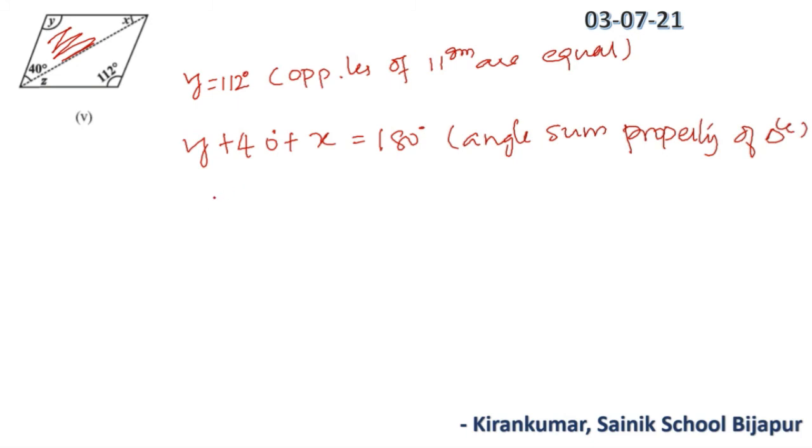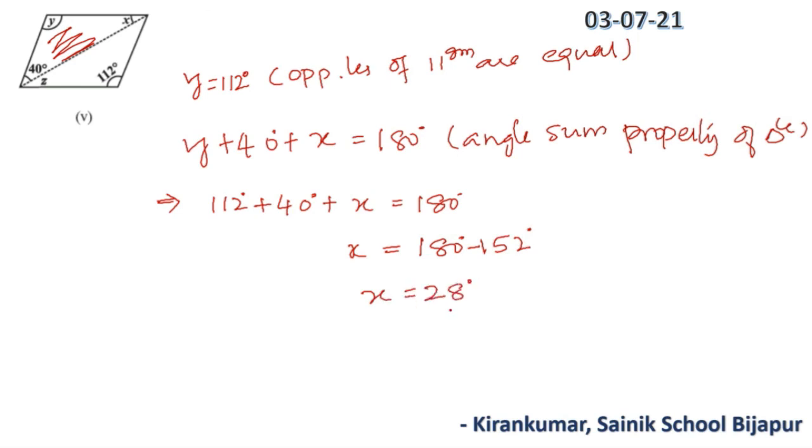Therefore, in the place of y, we'll write 112 plus 40 plus x is equal to 180 degrees. So x will be equal to 180 degrees minus the sum here, 152. So when 152 is subtracted from 180, we get x as 28 degrees.